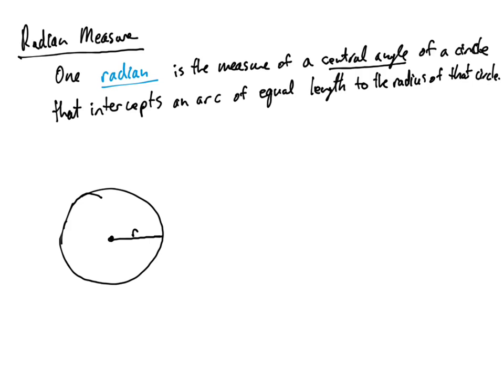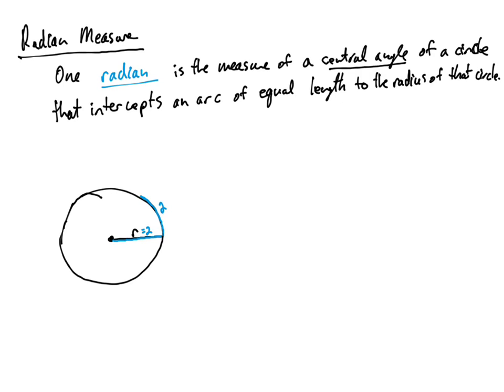Now, suppose this distance r, and let's give it an actual value. Let's just say it's 2, whatever unit you want to choose. Now, let's suppose I walk along the edge of this circle a distance that is also 2. So whatever the radius of the circle is, I selected 2, and I walk along the arc of the circle a distance of 2.